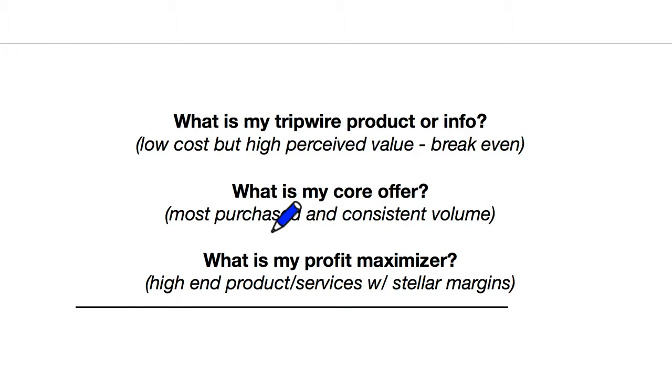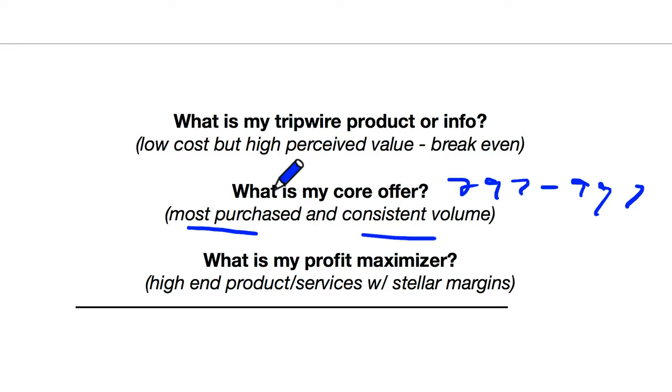Then what is your core offer? This is just your most purchased, most consistent product or service or offer. Maybe it's affiliate offers, maybe it's something that you've created, whatever it is. But it's what people are going to purchase the most at the most consistent volume to become profitable. And this should be at least, like I said, $297 to $997. Just a disclaimer, because I know some people will be watching this and be like, "Oh, well, what about?"